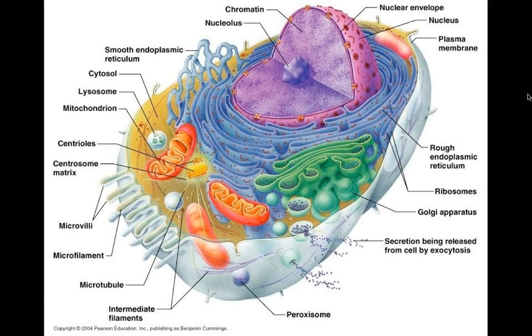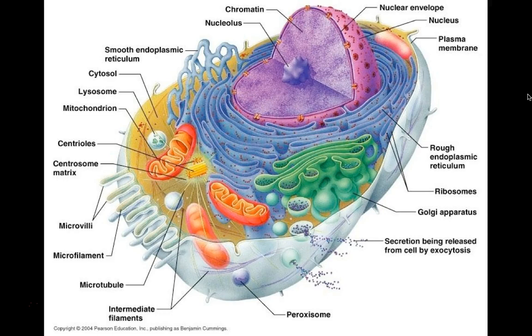But usually when we think of smooth endoplasmic reticulum, SER being the abbreviation, we actually generally define those as having no ribosomes. The RER, or rough endoplasmic reticulum, we always presume that the ribosomes are attached.